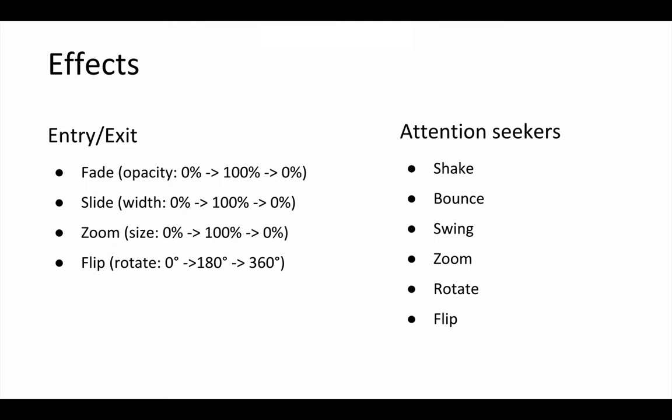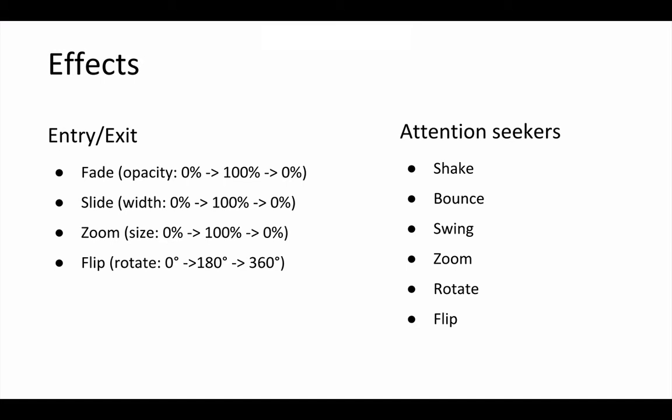From 0 to 100 opacity, and back from 100 to 0 if we want to hide this element. Or with zoom, when the element is not visible, so its width and height are 0, and then over some time it goes from 0 to 100%, and if we want to hide this element, it works the other way around.